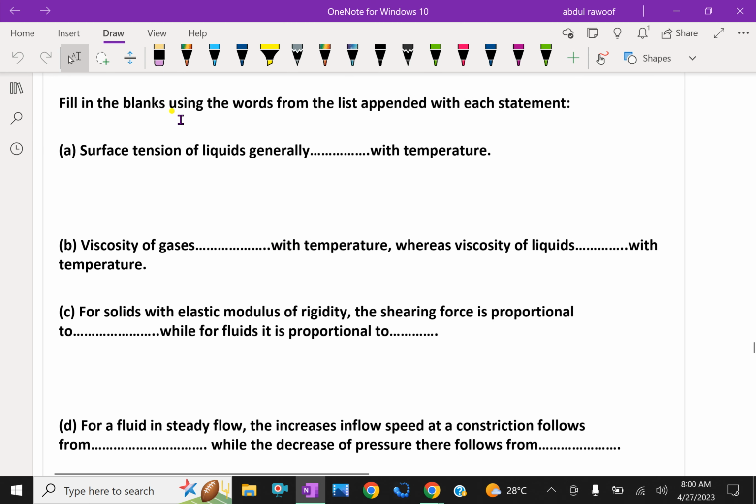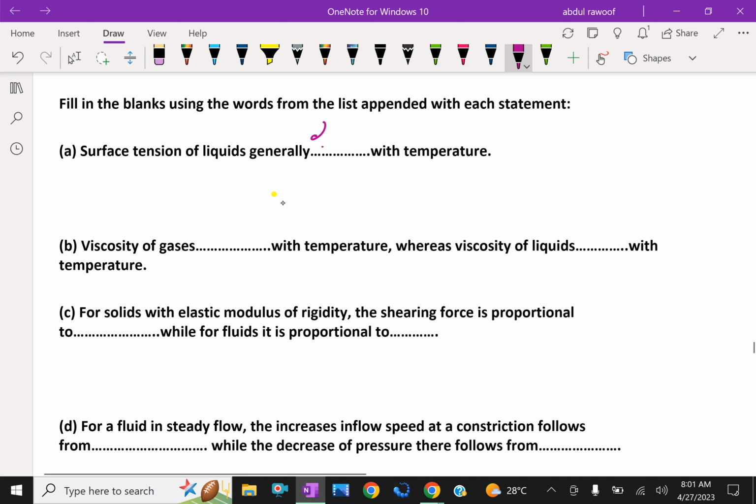Now let us fill in the blanks using the words from the list in each statement. Surface tension of a liquid is generally decreased with temperature. Surface tension is decreasing with temperature. Decrease.